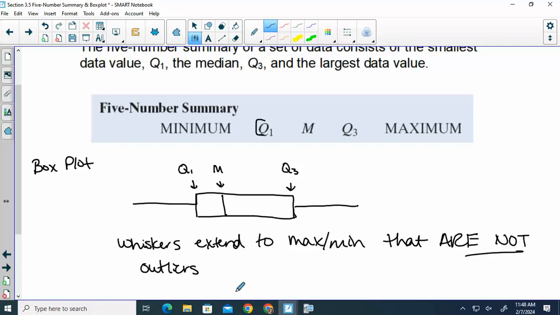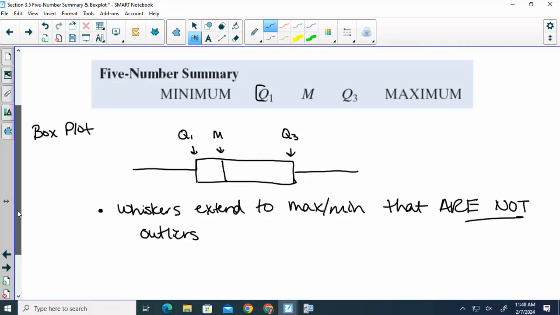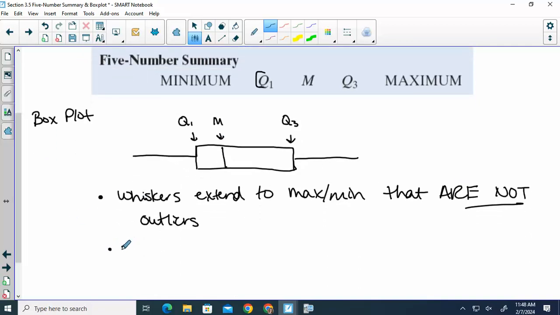So it may not be the actual minimum of our set, just the smallest one that is not an outlier. Same thing for the max. Then outliers are marked with an asterisk. So we might have something like this, which would show I have a couple outliers out there.